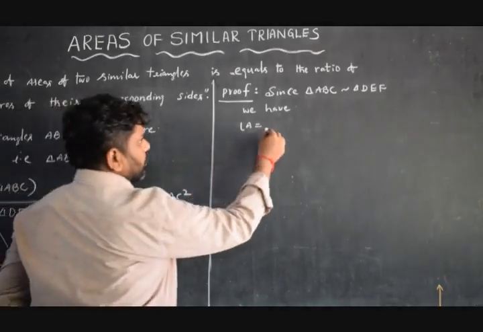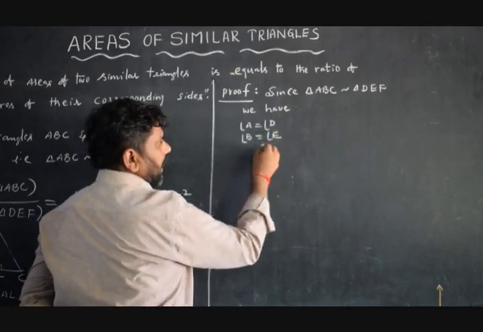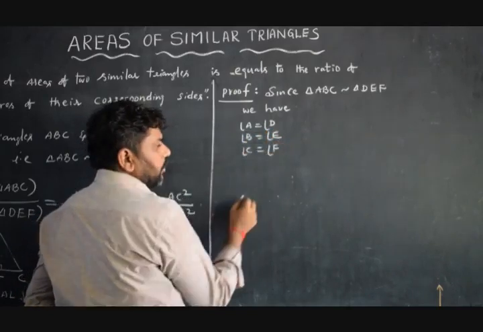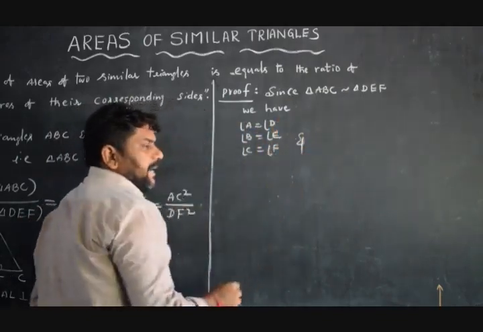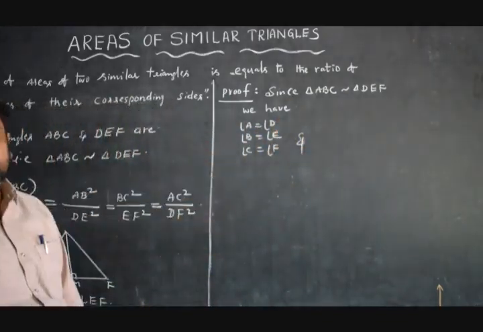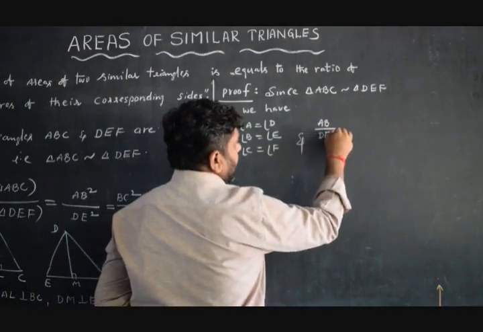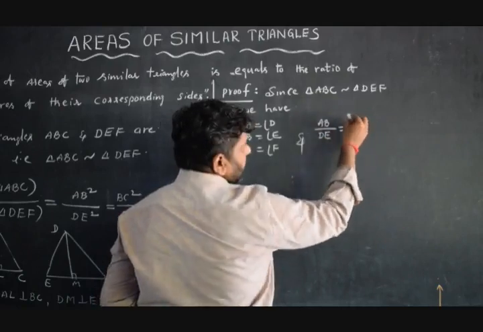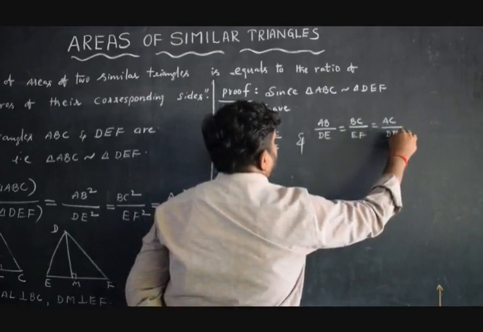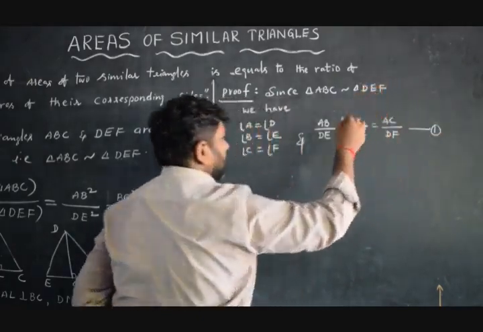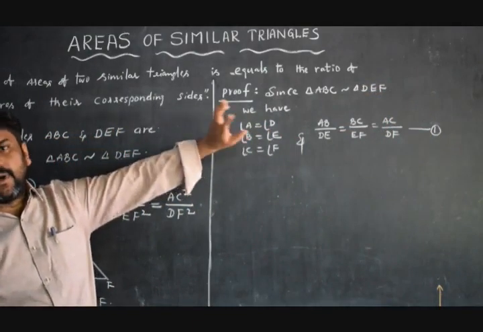Angle A is equal to angle D, angle B is equal to angle E, angle C is equal to angle F. Corresponding angles are equal and sides must be proportional: AB divided by DE is equal to BC divided by EF, equal to AC divided by DF. This is taken as equation 1.